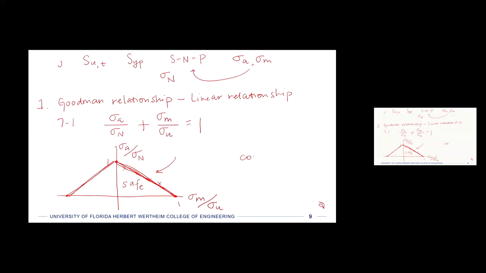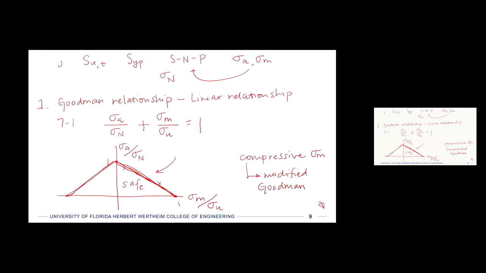So to deal with that, so compressive mean stress, right? We need to modify this. So we're going to use the modified Goodman criterion to do that. That's my 5-minute bell.